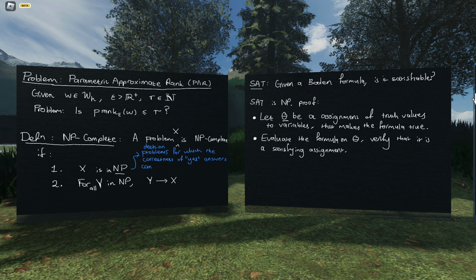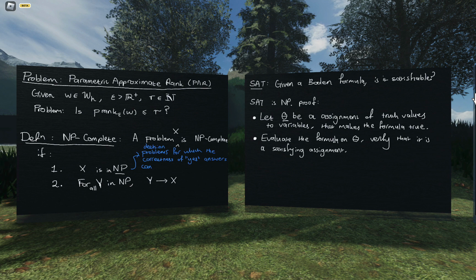And if it's impossible to produce a certificate, it must be because it's a no answer. So this is the defining property of NP, non-deterministic polynomial time. And we're going to be trying to mimic this proof to prove that our problem is in NP.